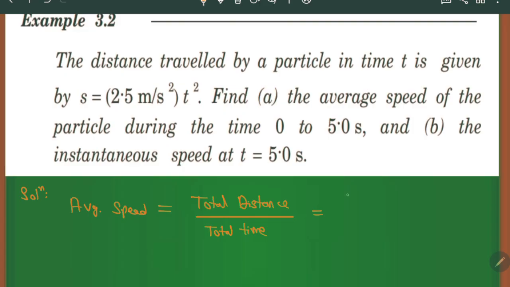So total distance, they have given 2.5 meter per second square times t square, at t equal to 5 to 0 second. And total time is 5 minus 0.